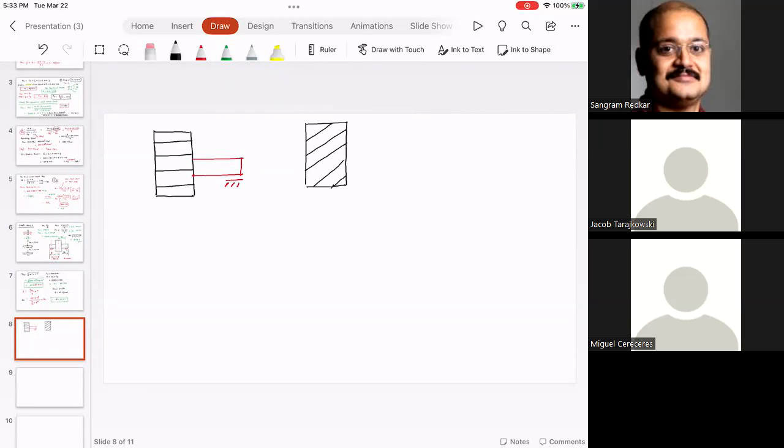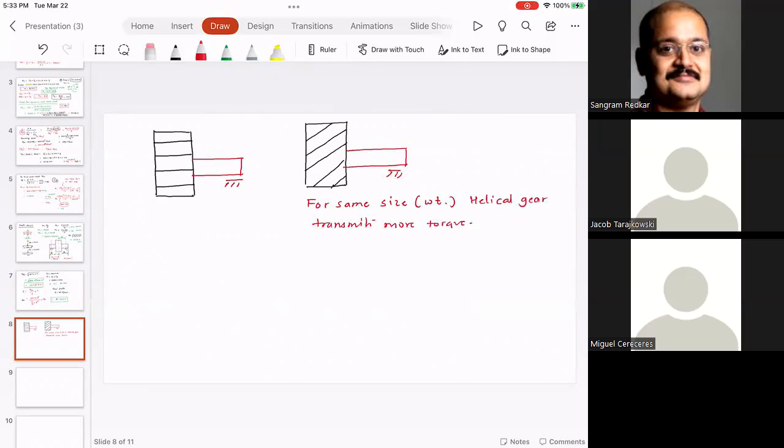Once again, what is the biggest advantage of helical gear? The biggest advantage of helical gear is for the same size, which is same weight, the helical gear transmits more torque.